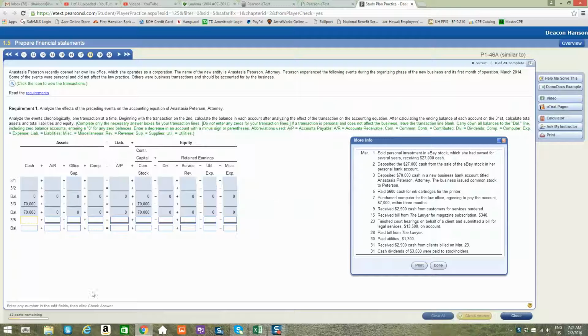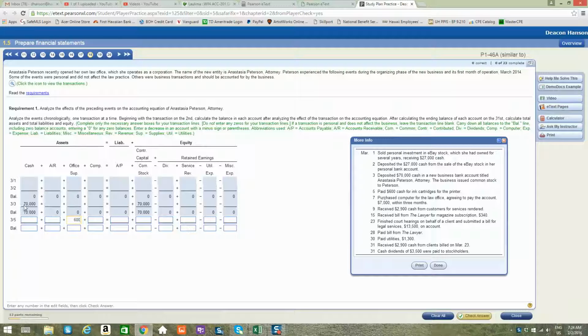On the fifth, paid 600 cash for ink cartridges for the printer. Well, ink cartridges are office supplies. So if we have $600 more worth of office supplies, then we're going to increase office supplies by 600. But that word paid in there means that we used cash.